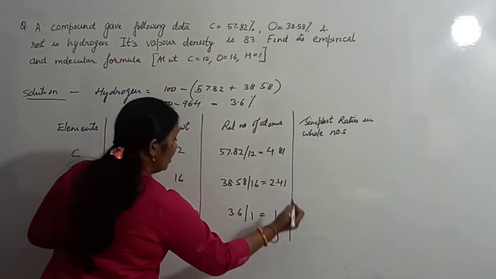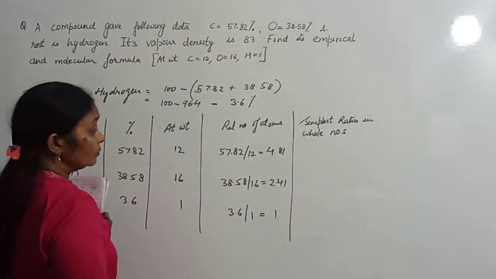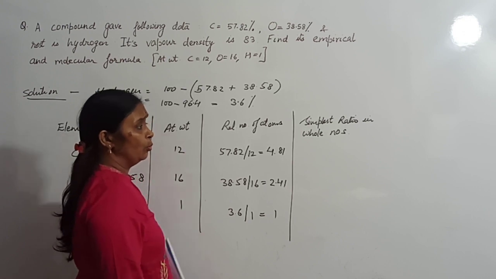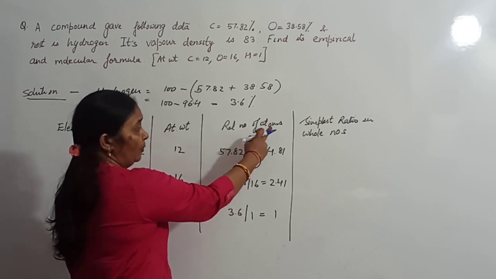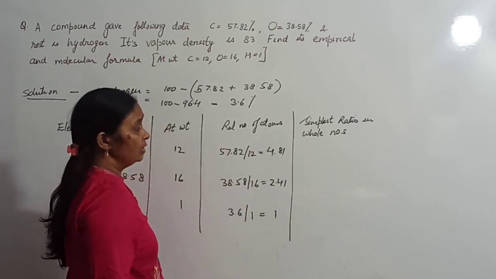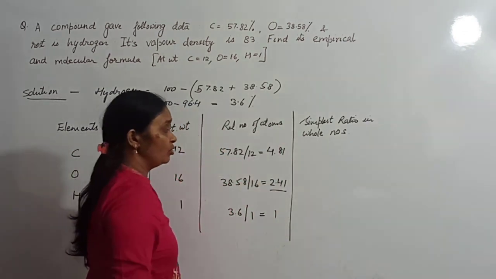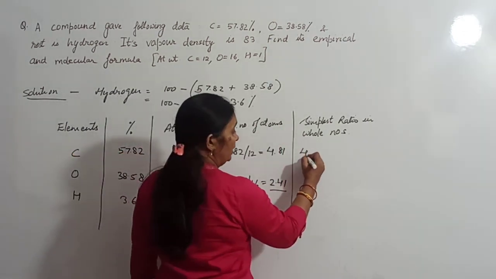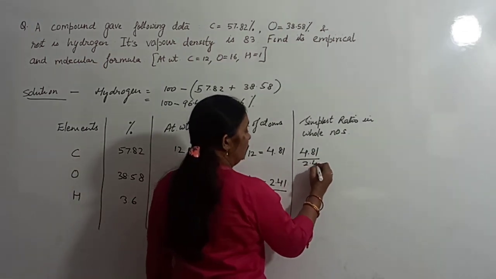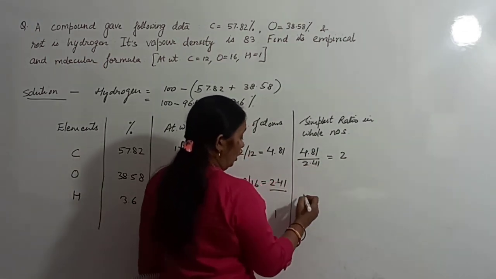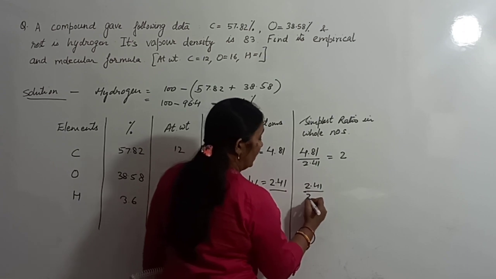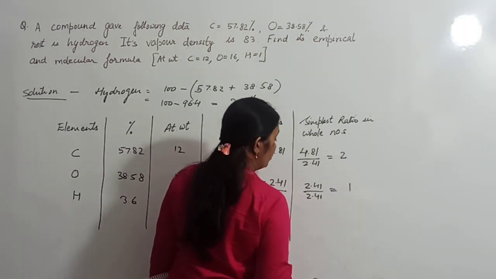Now the simplest ratio you have to find. For finding simplest ratio, what do you do? The relative number of atoms which you have calculated, you are going to divide all of them by the smallest figure. So 4.81 divided by 2.41, this will come as 2. 2.41 divided by 2.41, this will come as 1.